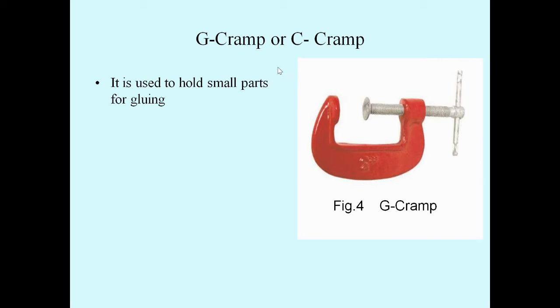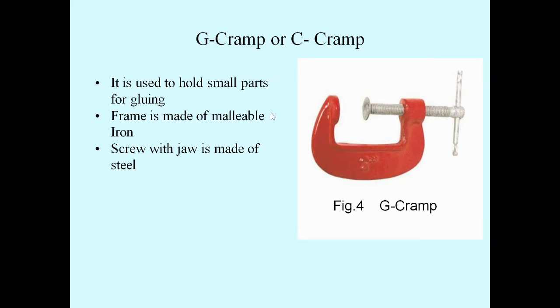This G clamp is used to hold small parts for gluing. For gluing purposes, we have to hold the small working parts with the help of a G clamp. The frame of this G clamp is made of malleable iron.